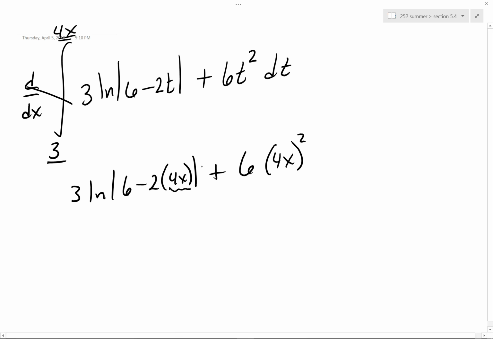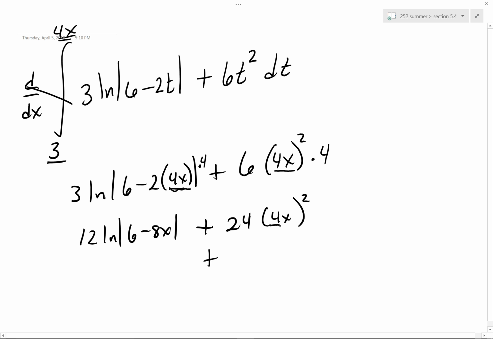So when we do this, we're going to have to multiply by a 4 here and here, because that is the derivative of this inside piece. So I should end up with 12 ln of 6 minus 8x plus 24, times 4x squared. I guess I could take that a little bit further, of course.